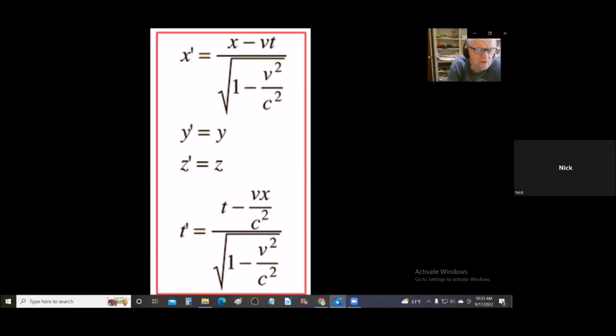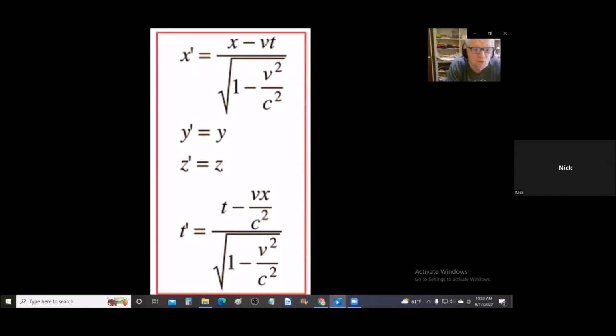For the X adjustment, X is the location in the unprimed frame, and really there are two adjustments. VT represents the distance that anything that is at rest in the moving frame has moved in the X frame. So that movement has to be taken out.